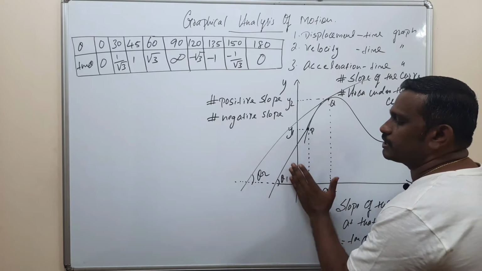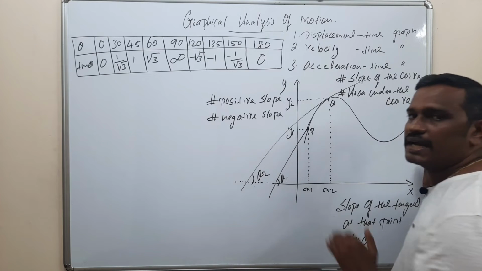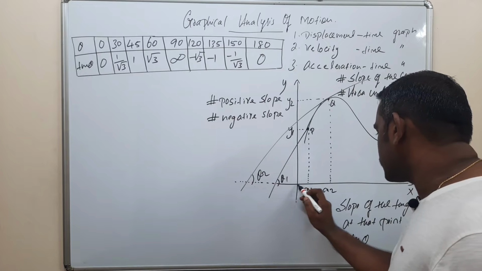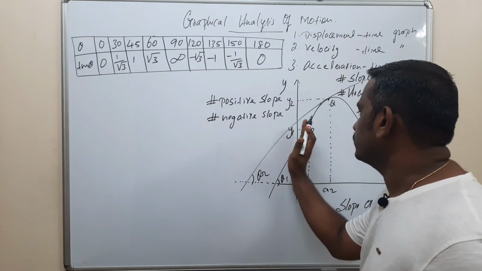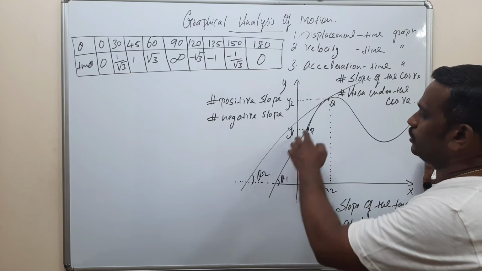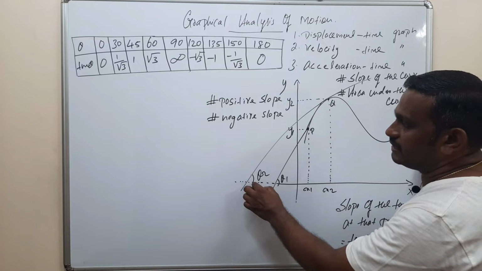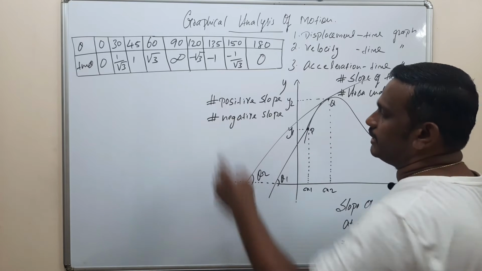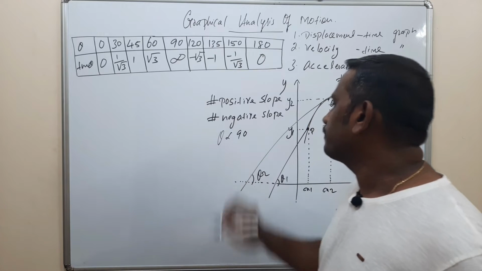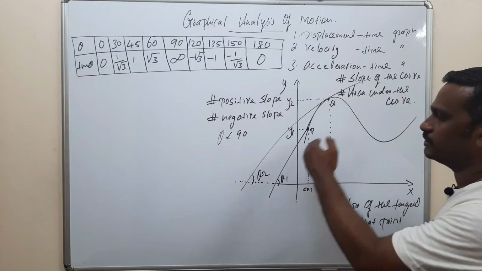From this point to this point, in the anti-clockwise direction, the angle increases. So this angle is 0 degree, and when it starts going anti-clockwise, the angle increases. The two tangents make an angle theta that is less than 90 degree. So that is positive slope.